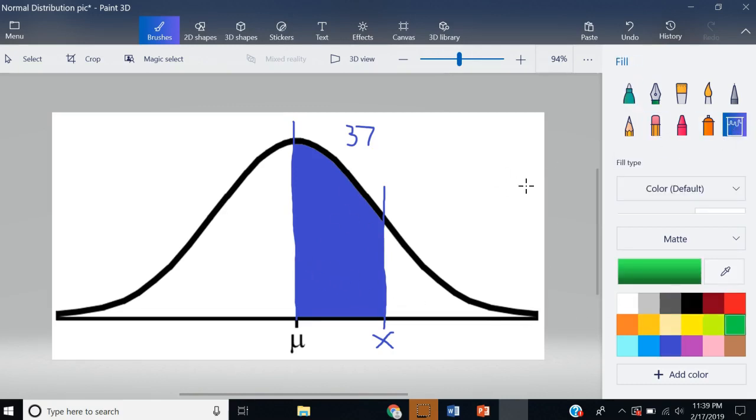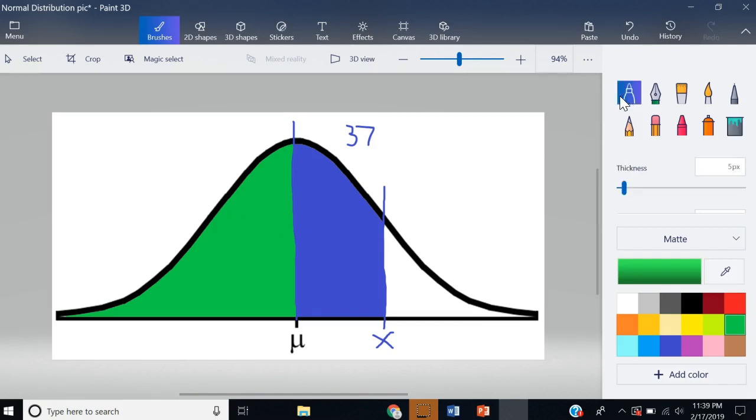We are going to look for the area from negative infinity up to x. So we have to take this area, the area I just shaded in green, plus the blue area.